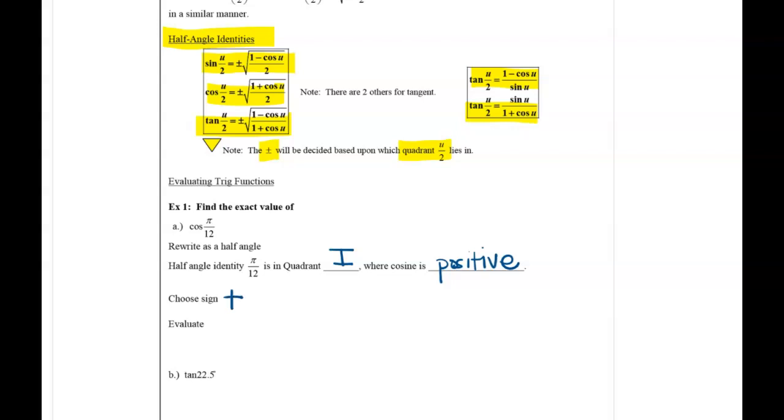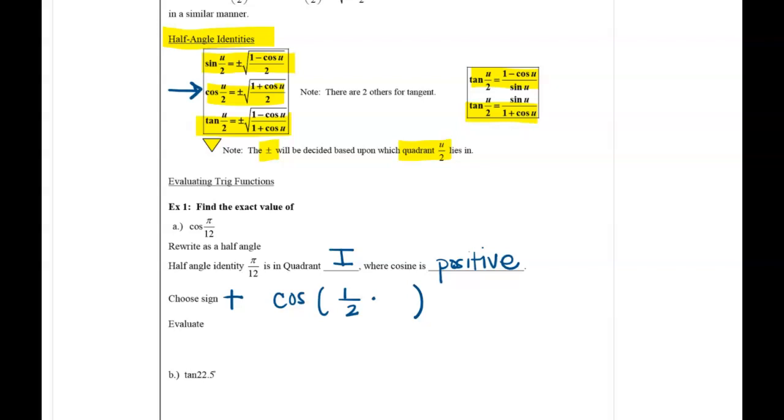Then we would come up here and we're going to use this formula right here, the cosine of u over 2. Now that's the same thing as the cosine of 1/2, that's the u over 2 part, times the angle.